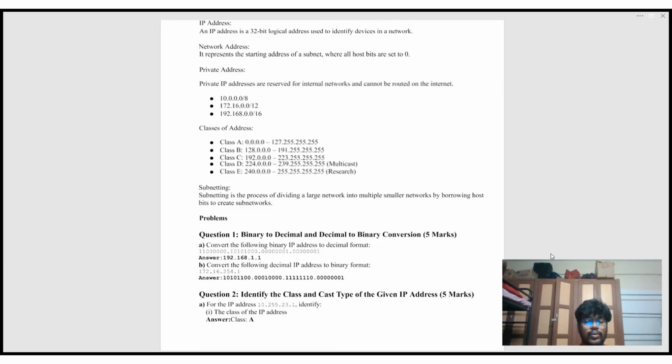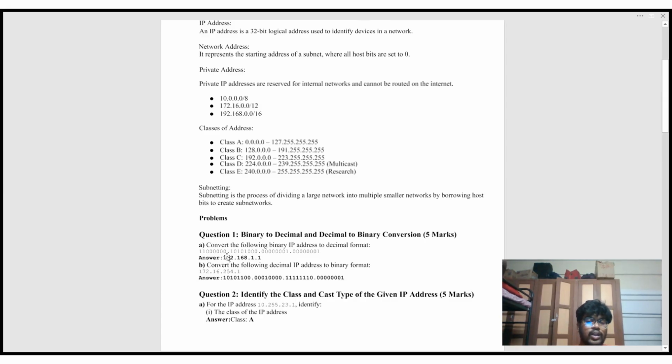Now, question one: binary to decimal and decimal to binary. Convert the following binary IP address into decimal format. Here, the binary can be defined as 192.168.1.1.